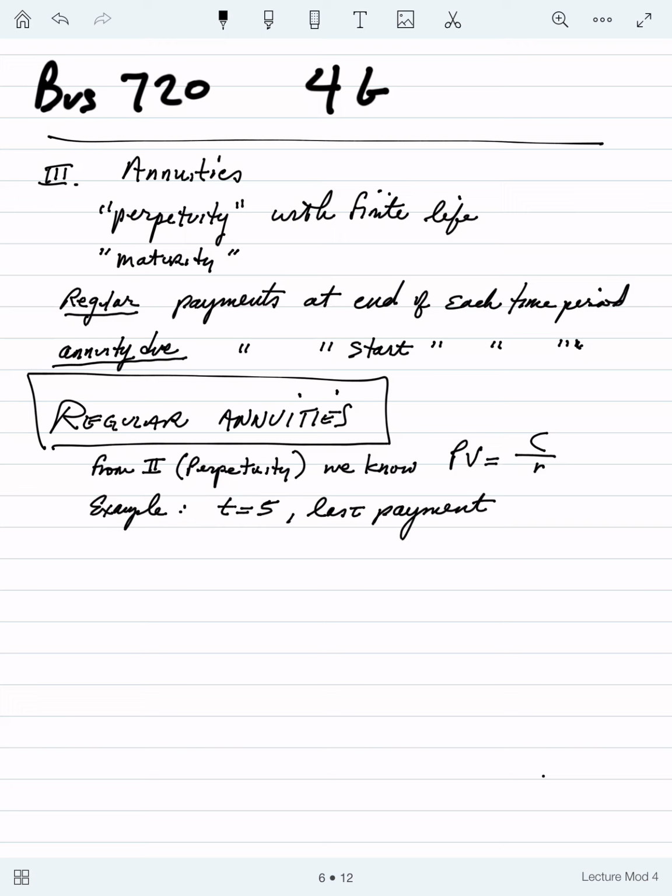So let's pretend that you're actually at time period t equals 5, and you just received your last payment of C. So C is your payment.